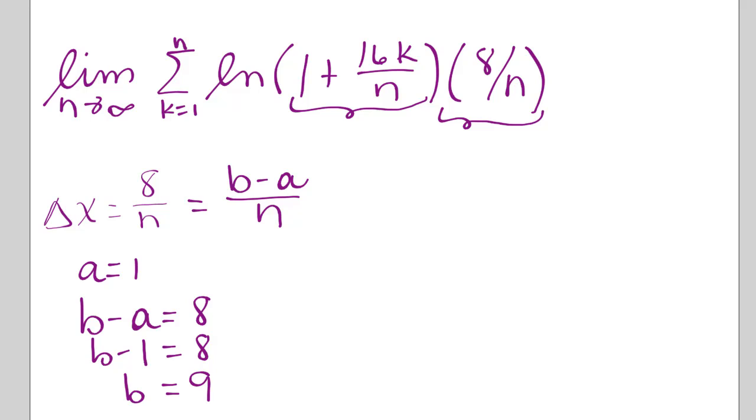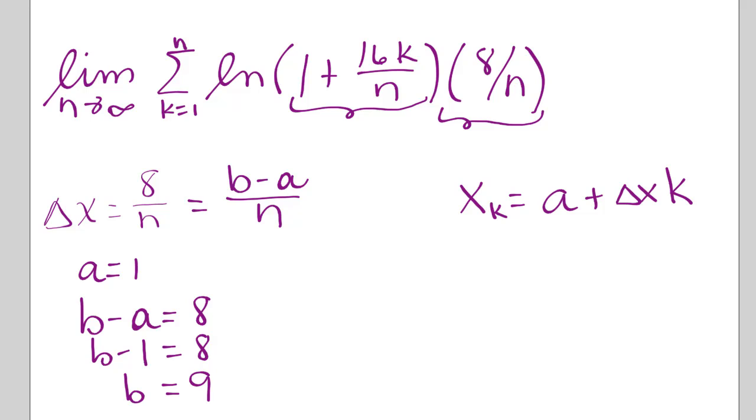So I've got delta x, I've got A, I've got B. The next thing I need to look at is x sub k. We know x sub k should look like A plus delta x times k.